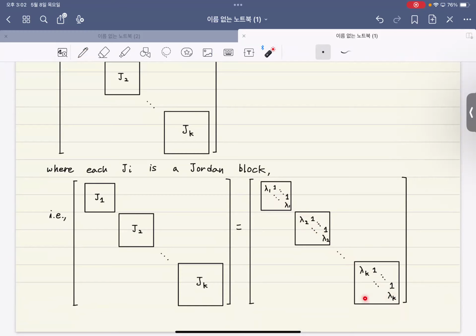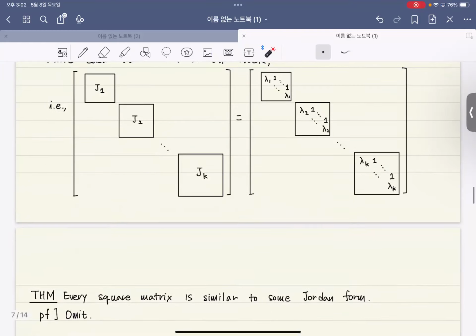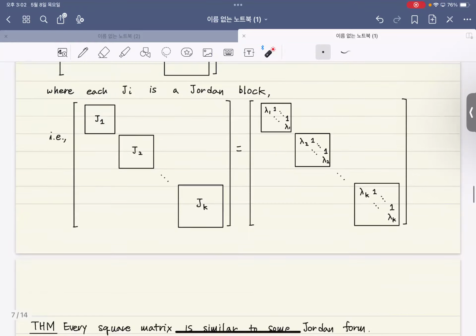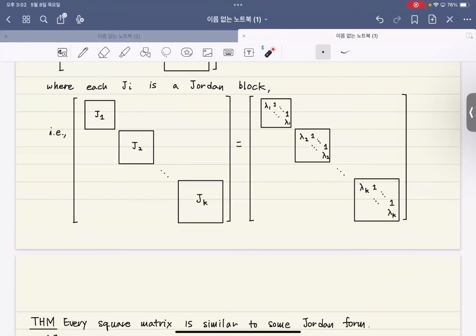The point is that these are block diagonal matrices whose diagonal blocks are the Jordan blocks. And as always, all these empty entries should be considered zero.